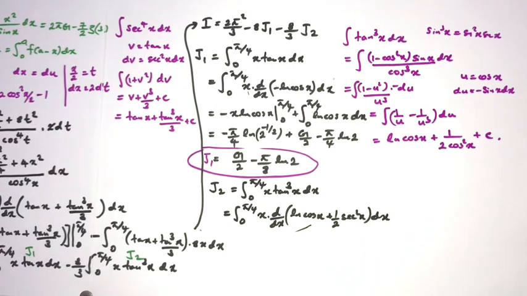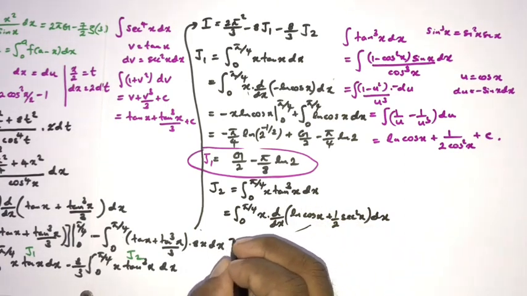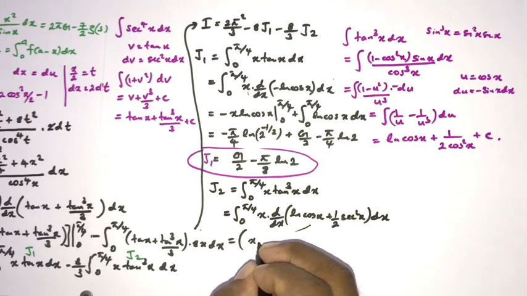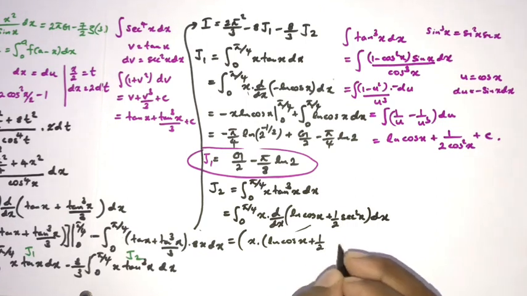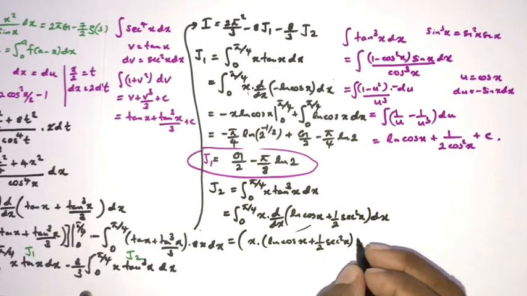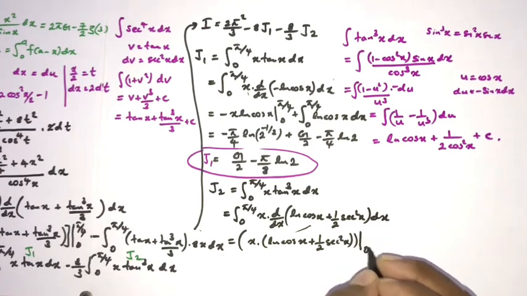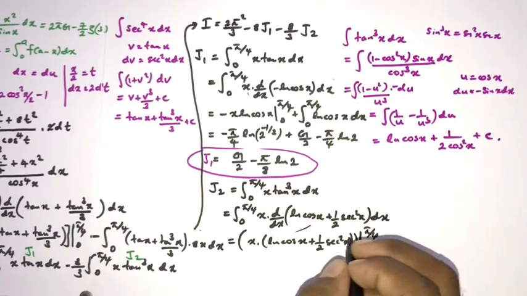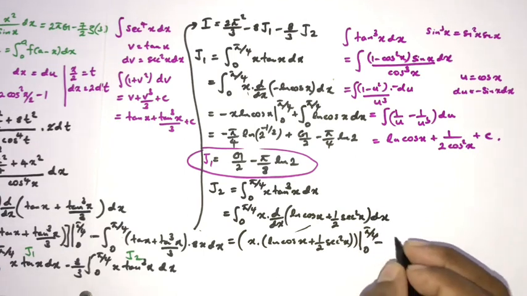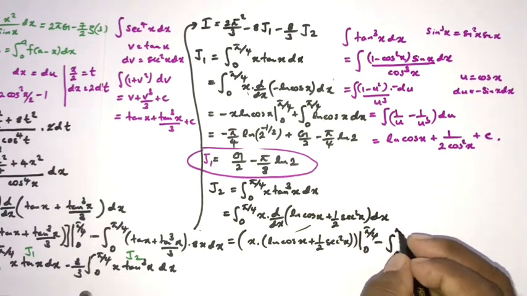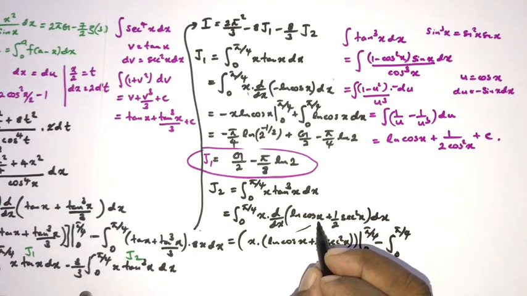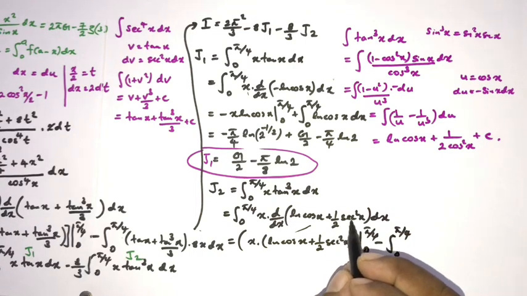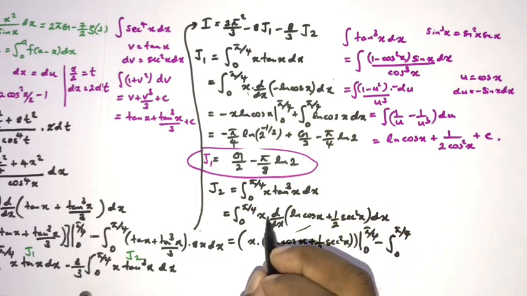Then we apply the product of these two functions. So we have x times natural log of cosine of x plus 1/2 secant square of x from 0 to pi over 4, then minus the integral from 0 to pi over 4 of natural log of cosine of x plus 1/2 secant square of x times the derivative of x, which is 1.